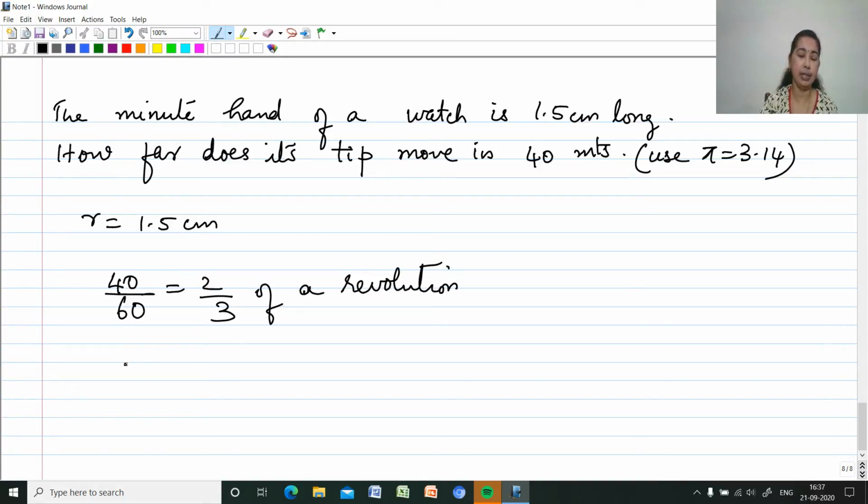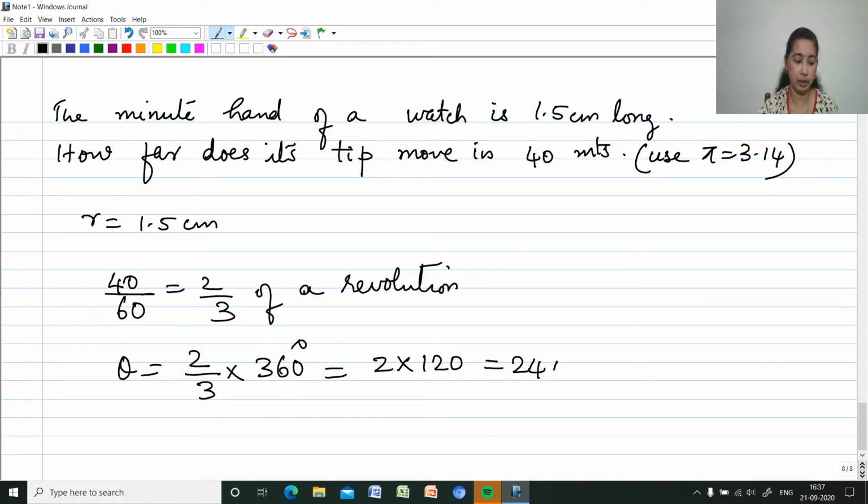So how much will be the angle? Theta is equal to 2 by 3 of a revolution, meaning 360 degree. That is 2 into 120 degree, or that is 240 degree. 240 degrees, since we have to use the formula r is equal to l by theta, or l is equal to r theta, we have to write theta in terms of radian.